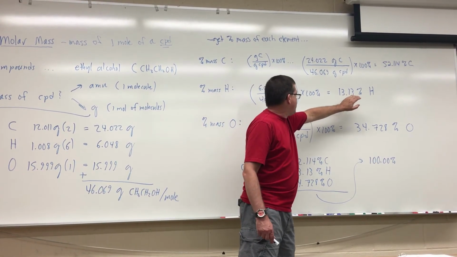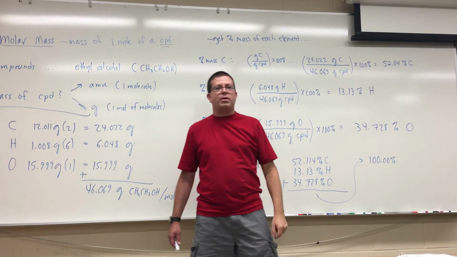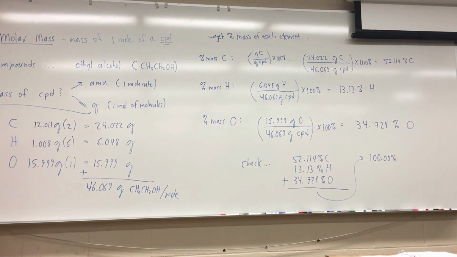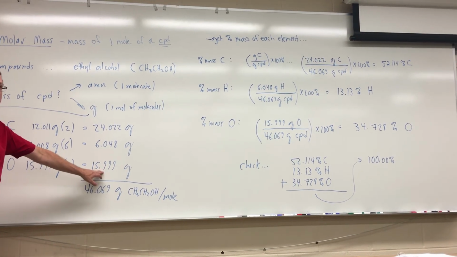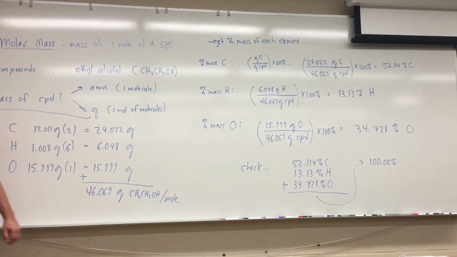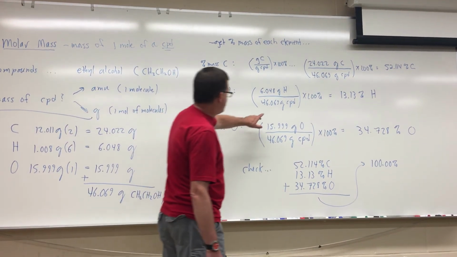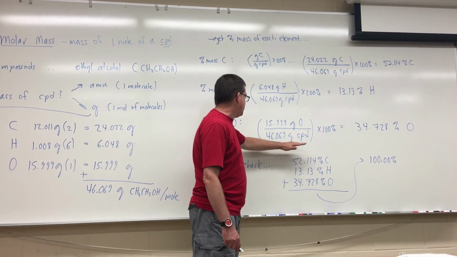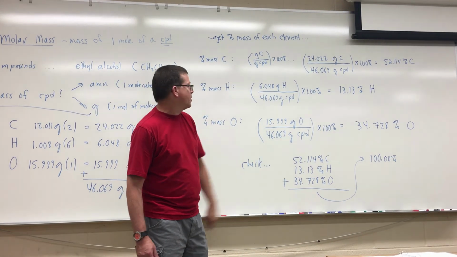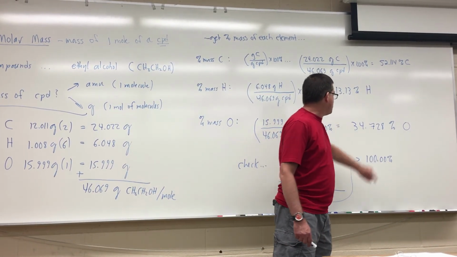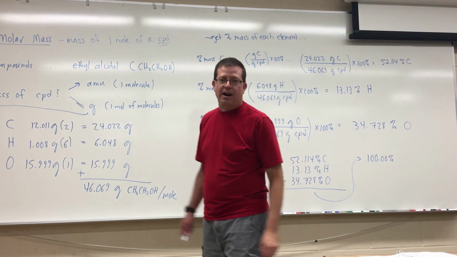I get that the compound is 13.13% hydrogen by mass. Finally, we have the oxygen. I take the total mass of oxygen in the formula unit of the compound. I divide that by the total mass of the compound. Here we are, 15.999 grams of oxygen divided by the total mass of 1 mole of the compound, multiplied by 100, and I get 34.728% by mass oxygen in the compound.